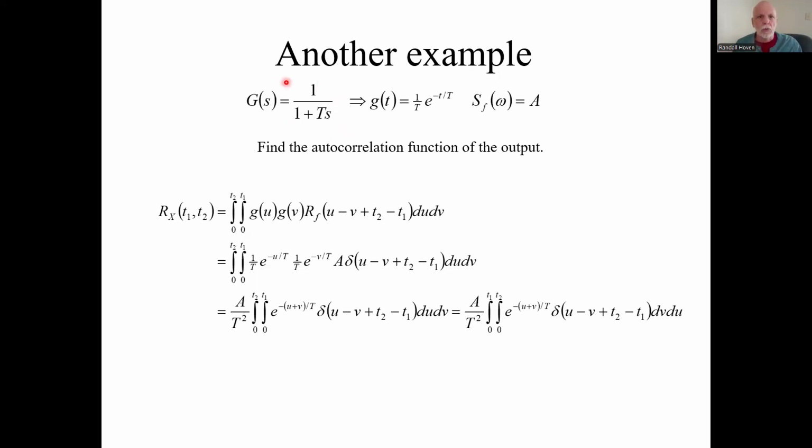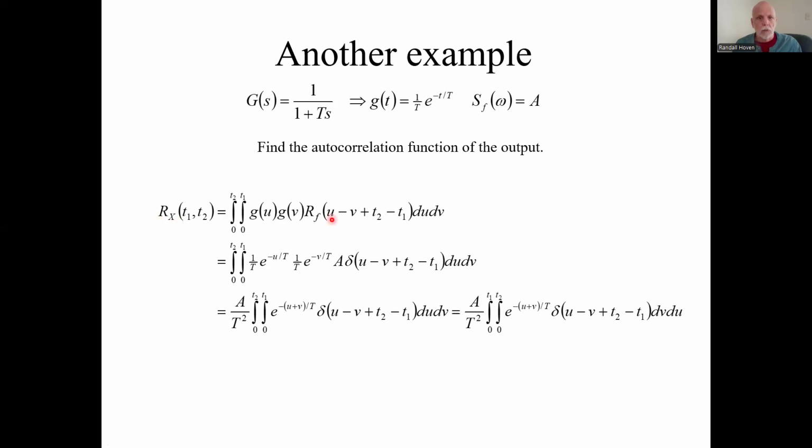So it's that same first order system with white noise of amplitude A as the input. The weighting function of this transfer function is this. I think we found that out before. The autocorrelation function of white noise is the Dirac delta function.